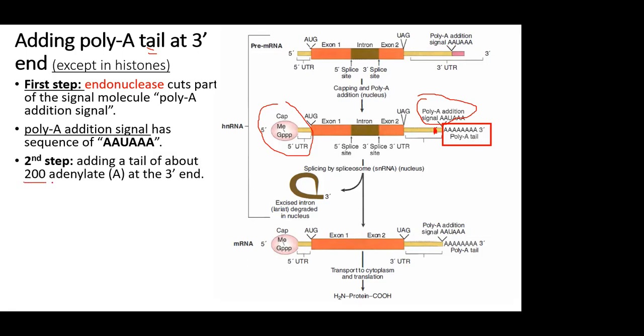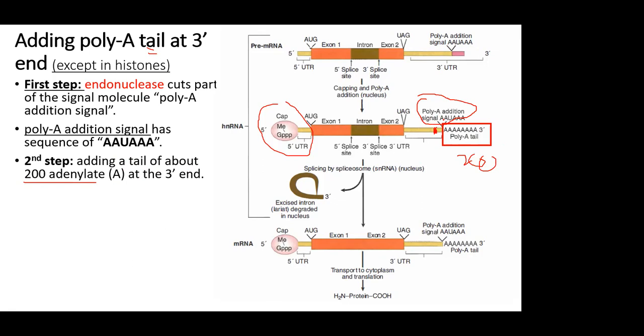The tail comprises 200 A's, or adenylates. So we will add around 200 adenylates here. We'll attach them after the nuclease has come and cut part of the signal.